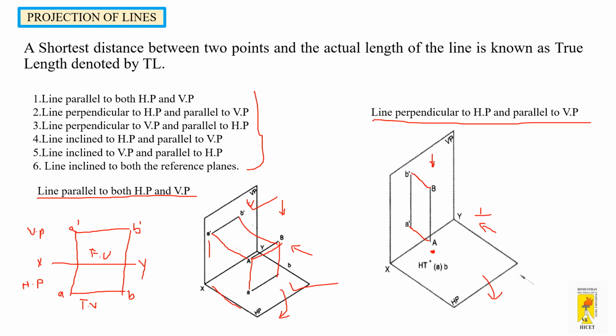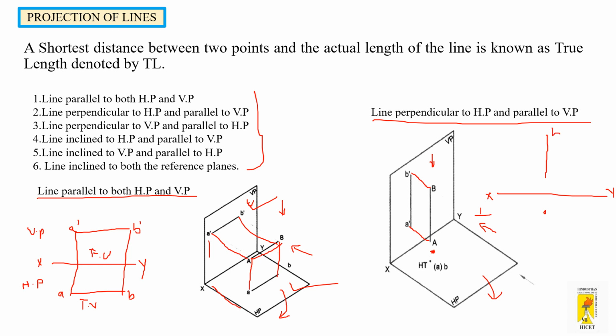And to get the 2D view of this, it can be done the same way I have done here. You just unfold the HP, that is the horizontal plane, in the clockwise direction, and draw the XY line here, and you will get the front view as a line here and the top view as a point here.